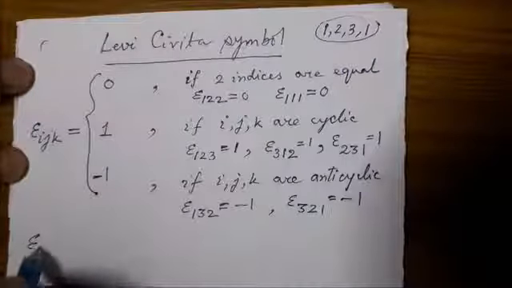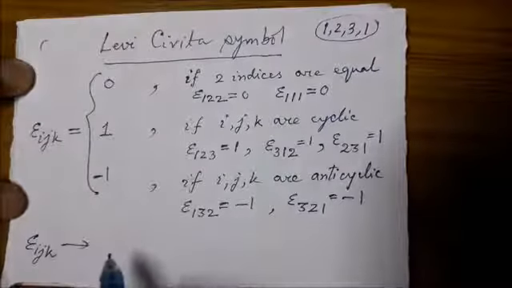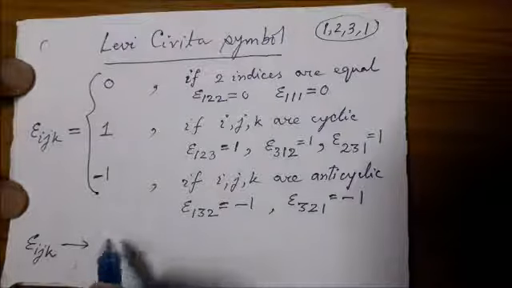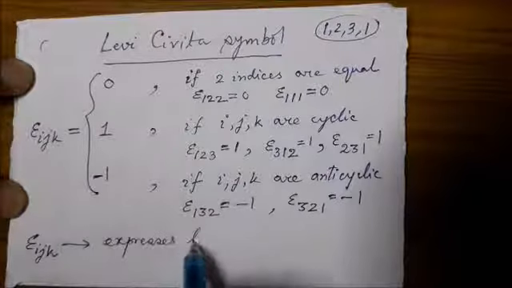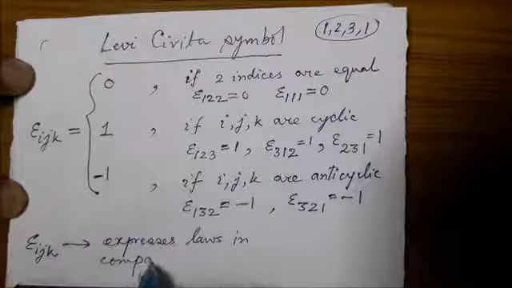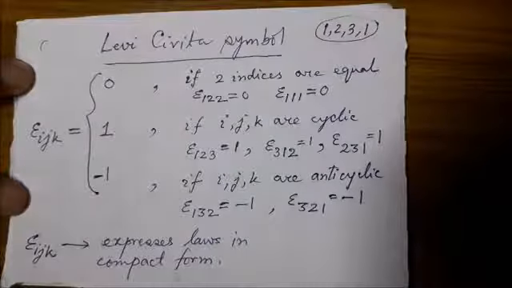Now the role of epsilon ijk is that it expresses laws in compact form. We'll mention one example for unit vectors, where i, j run over 1, 2 and 3.